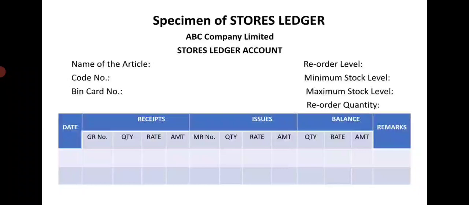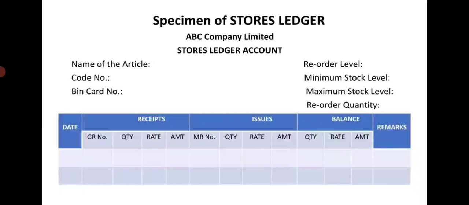So the material returned to store can be priced in the following ways. There are two ways to be priced. First one is original issue price, second one is current issue price. If the date and rate of the issue of material to production department is given, then the material received should be priced at the original issue price.